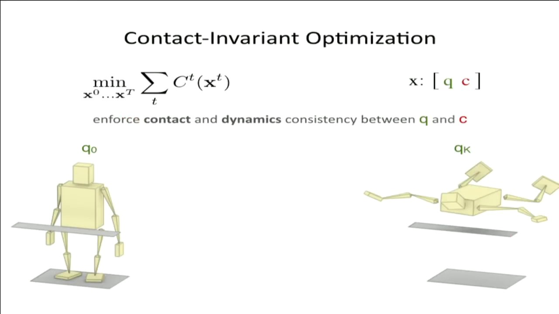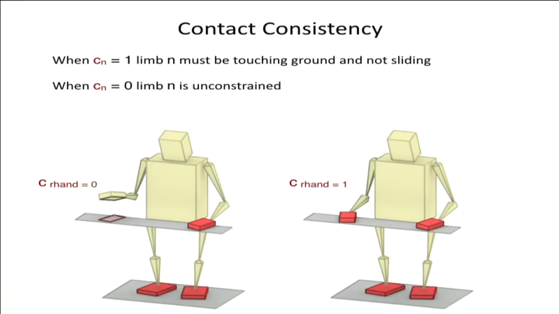Because they're independent, you do need to enforce a consistency between your poses and C's. And also you need to enforce, as we needed to before, that the paths are physically plausible. So the consistency for contact is pretty simple.